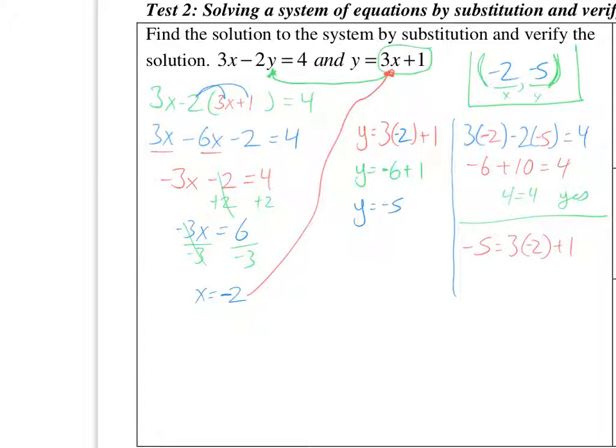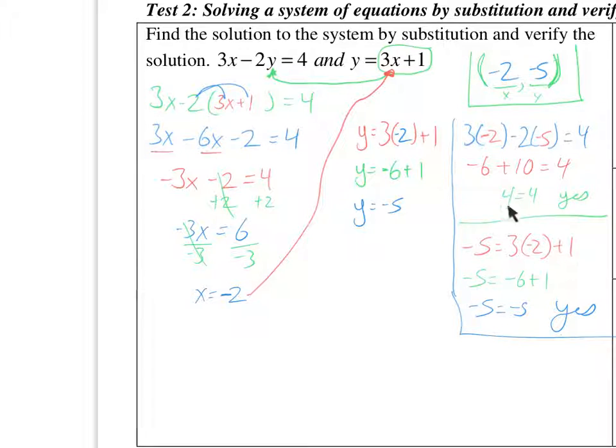So y is replaced with negative 5, x replaced with negative 2. So negative 5 equals negative 6 plus 1. Does that work? Yes. Is negative 5 equal to negative 5? Yes, it is.